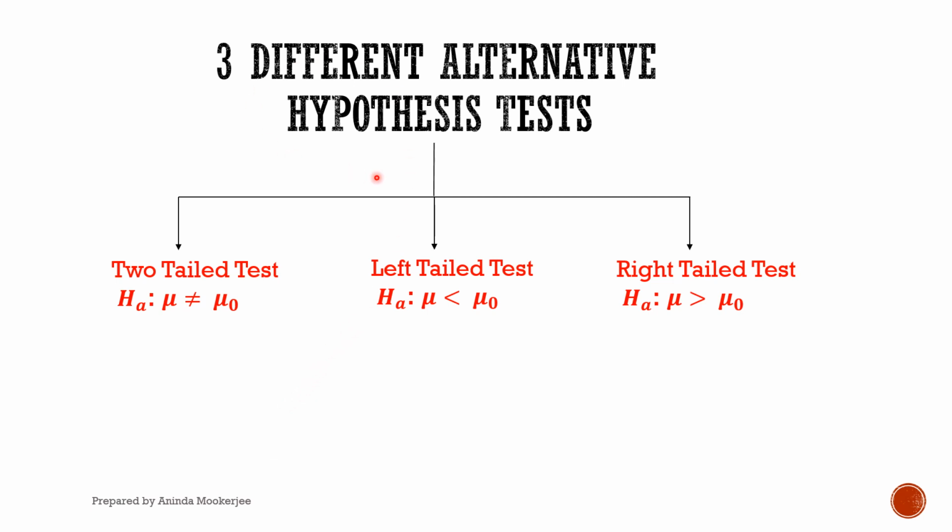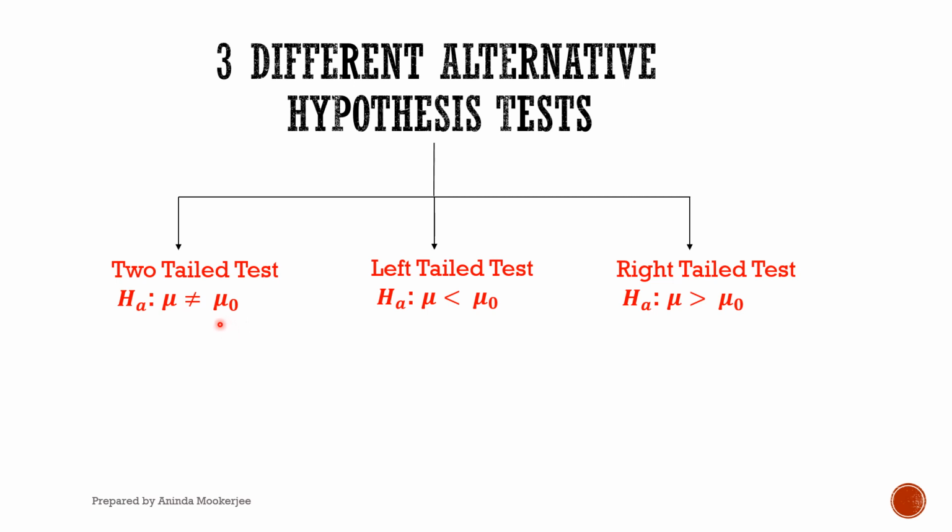Now here's a pictorial representation of the three ways we can state an alternate hypothesis. The first one we have is H sub A colon mu not equal to mu sub 0, the null hypothesis mean.